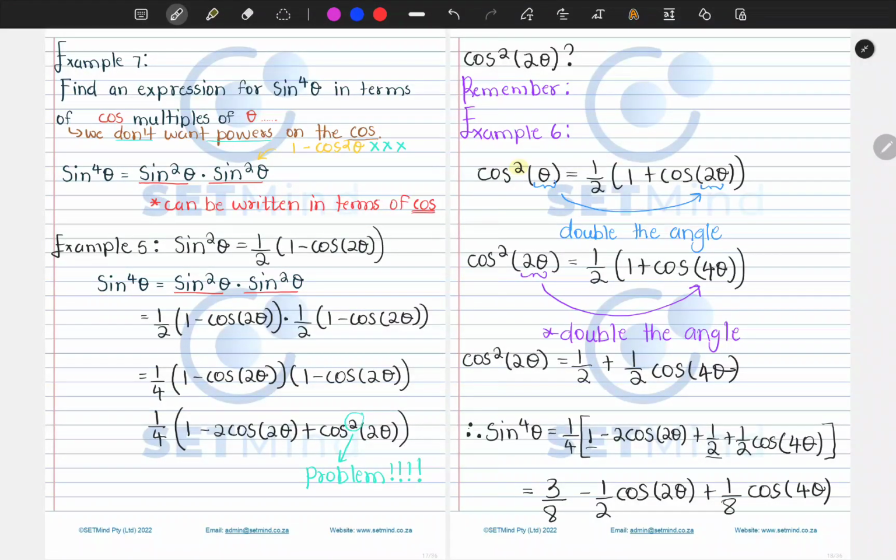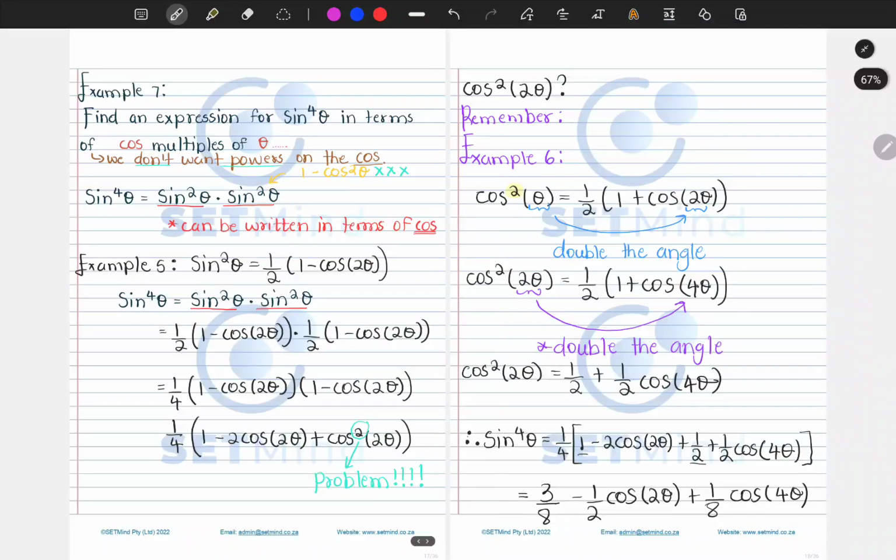So that is what we are going to have as our answer when we want to express sine theta to the power of 4 in terms of multiples of cosine. If they were saying multiples of sine, we're going to take a slightly different approach. Okay, but let's keep it here and move on.